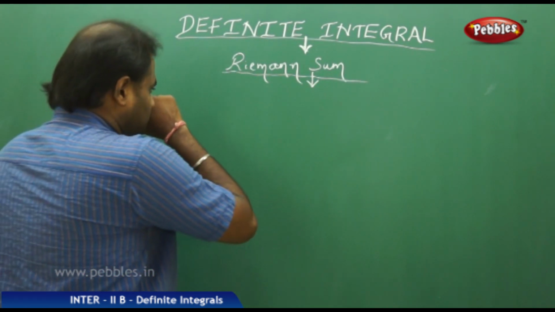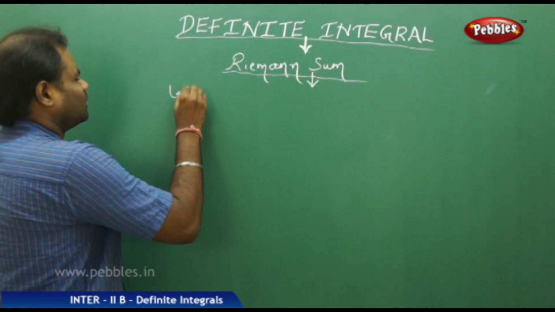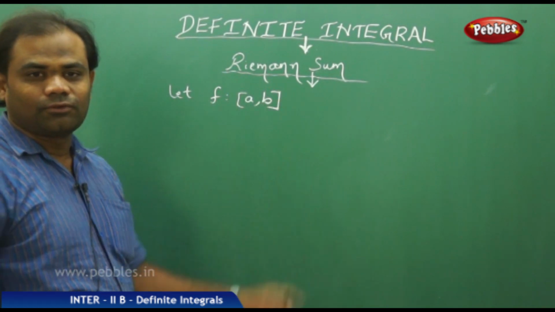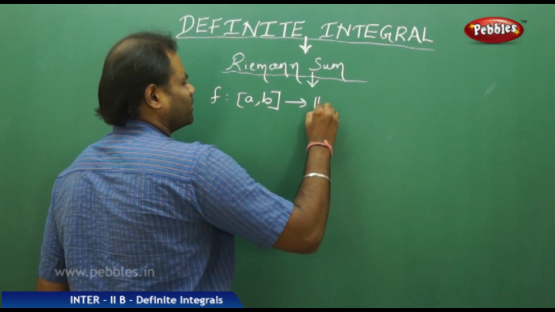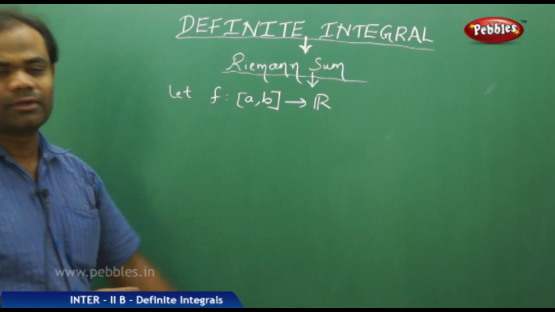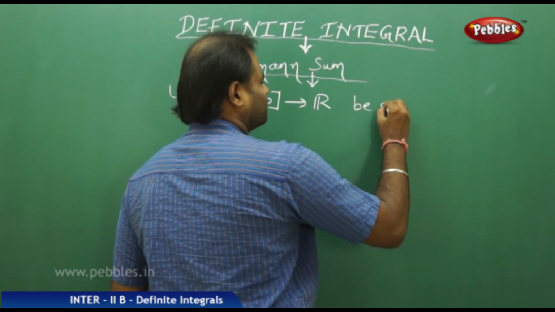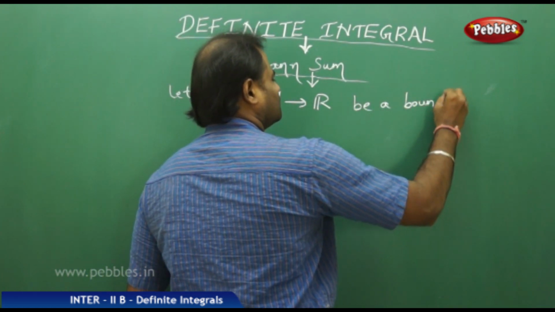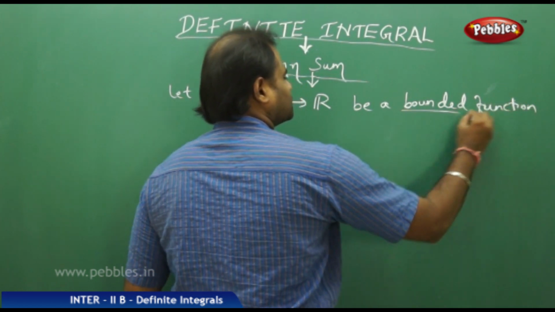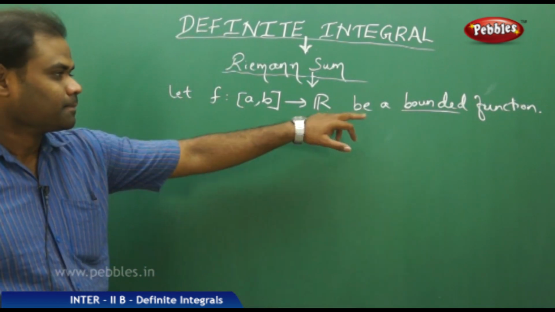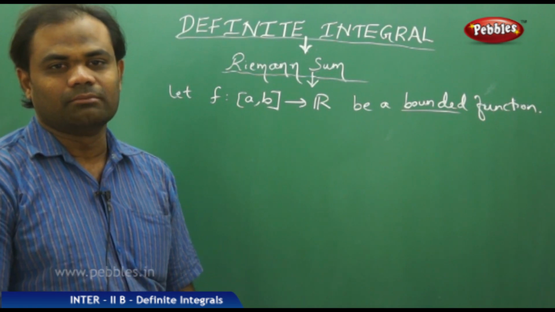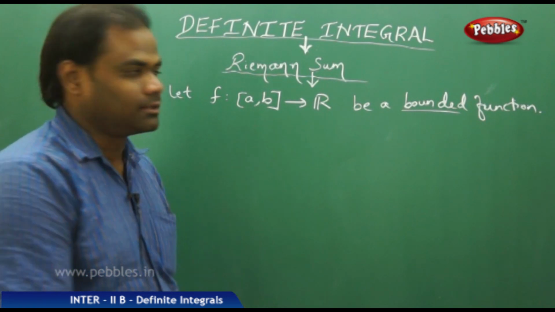So coming to the Riemann sum, initially I assume a function f from the closed interval AB to the set of all real numbers, a bounded function. What do we mean by a bounded function is the biggest question here. When I say bounded function, that means the function has limited real numbers on the left and on the right.